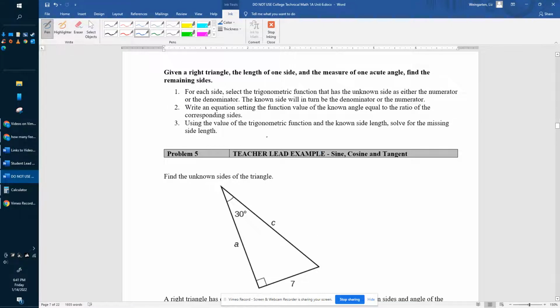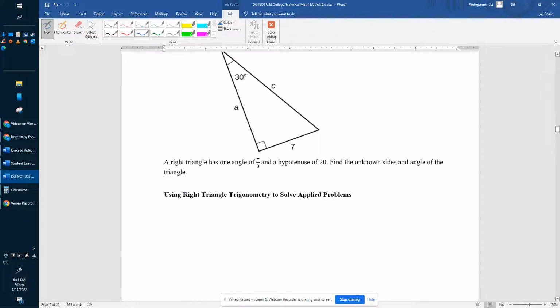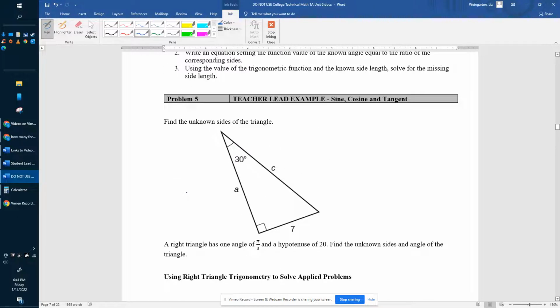So down here, we are going to use trigonometry to try to figure out the unknown side. We're given a triangle that we know the exact values for, right? Because this is a 30, 60, 90 triangle. So we have to find the unknown sides.